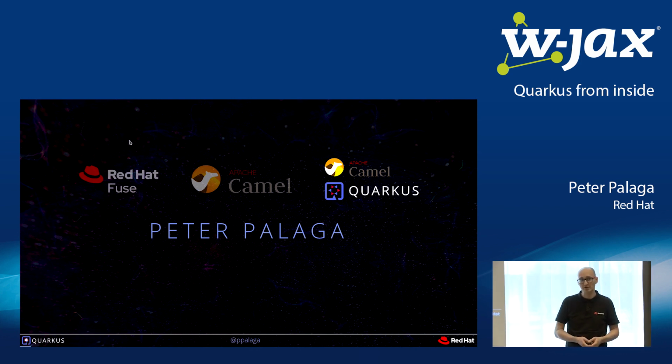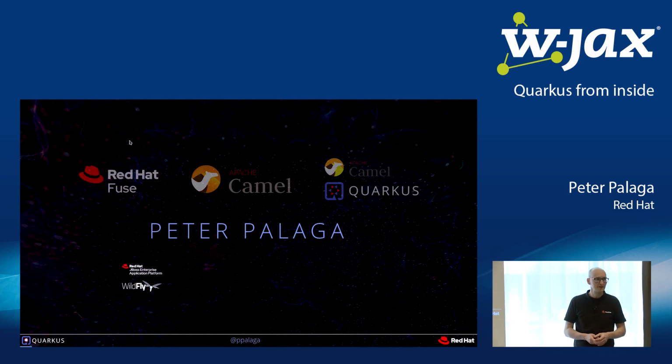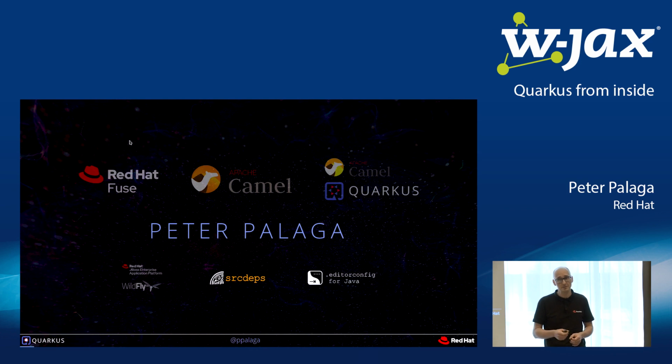I'm using Quarkus daily. I'm writing Quarkus extensions, but I'm actually not part of the core Quarkus team. This is what I'm doing at present. In the past, I was paid for fixing bugs in JBoss EAP and WildFly. In my free time, I like hacking in build tools such as source steps.